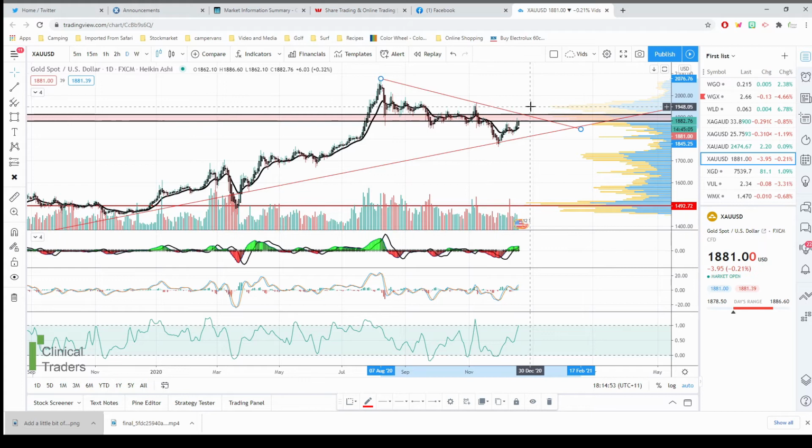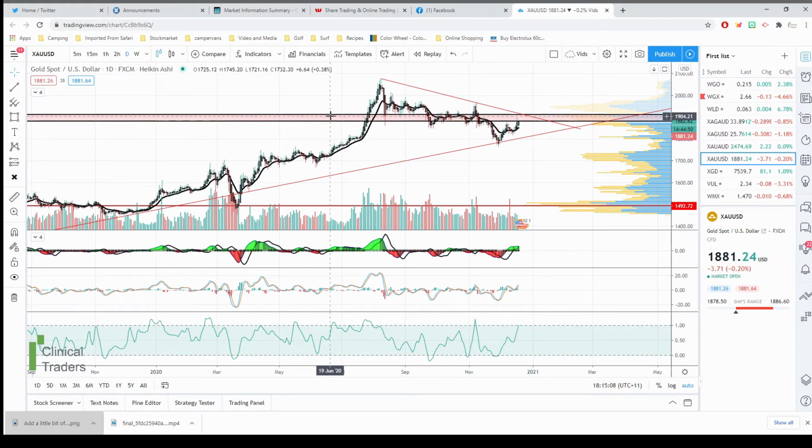We might get a shoot up, possibly up to this previous high here. Could be somewhere over here, for example, and we may come back, test that, and then head higher. That's probably what I'm expecting with more stimulus on the way in the United States. So that's what I'm thinking in terms of US dollars for gold.